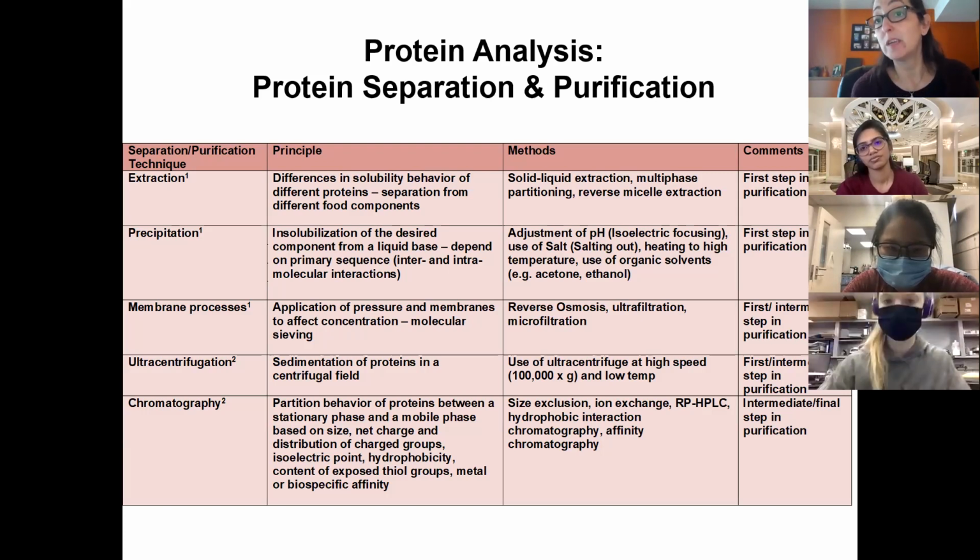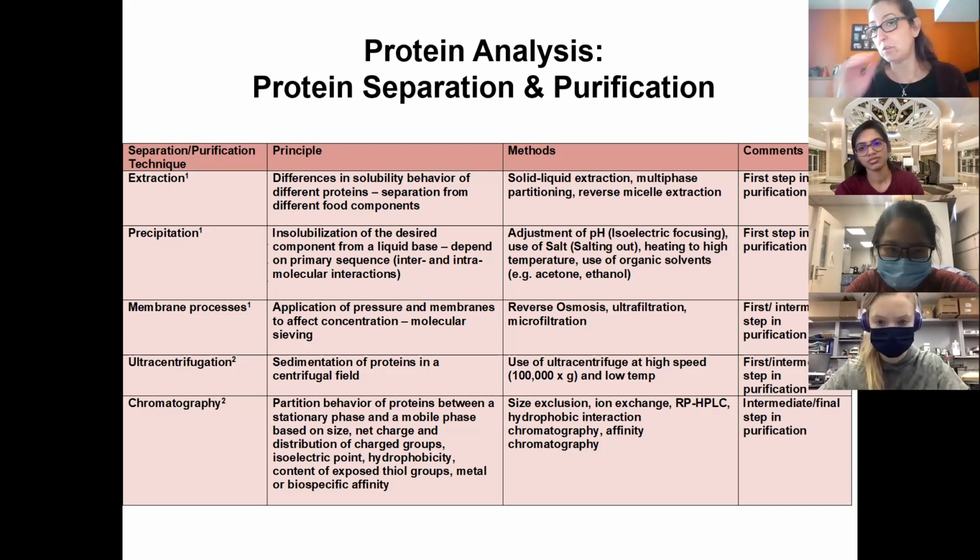So you do have different characteristics of the isolate in terms of protein composition, salt composition, and lactose composition. You have higher lactose content in a membrane filtered WPI versus an ion exchange WPI.